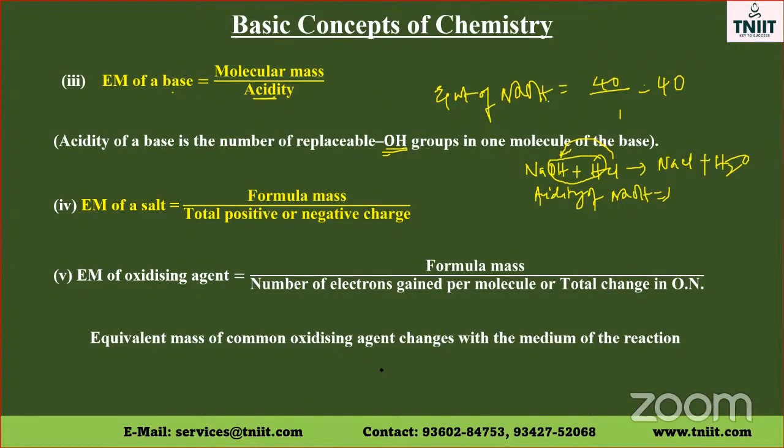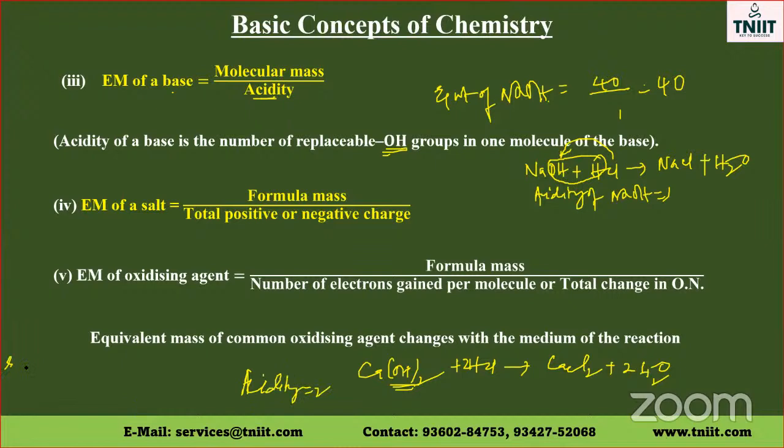Now, for example, if you take calcium hydroxide, when we allow it to react with HCl, we get calcium chloride and 2H2O. So it contains 2 replaceable OH groups. So the acidity of calcium hydroxide is 2.